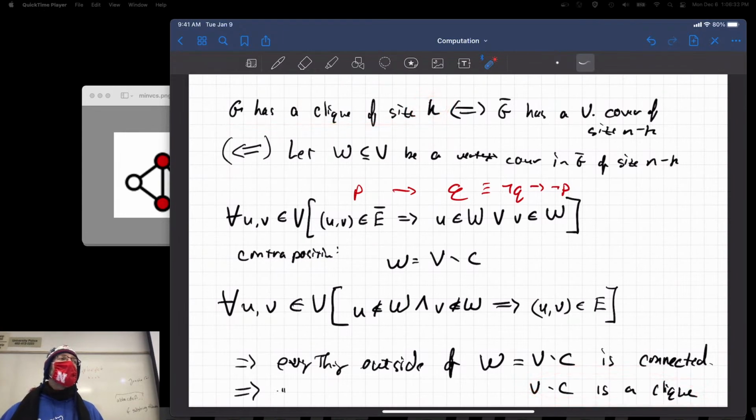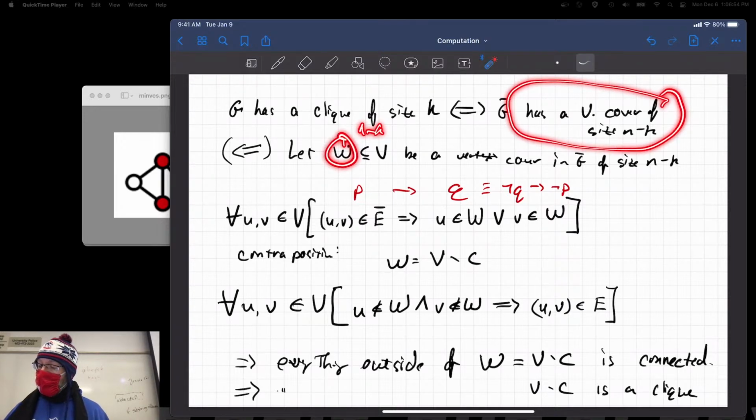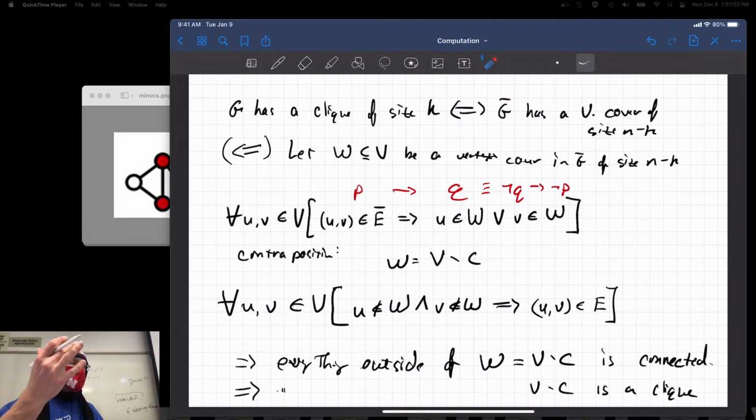Of size k. Right? So is V minus C of size k a clique of size k? W is a vertex cover of size n minus k. You're right. W is a vertex cover of size n minus k. Therefore, in the original, if you just take the complement of that, then you get n minus k, which gives you k.